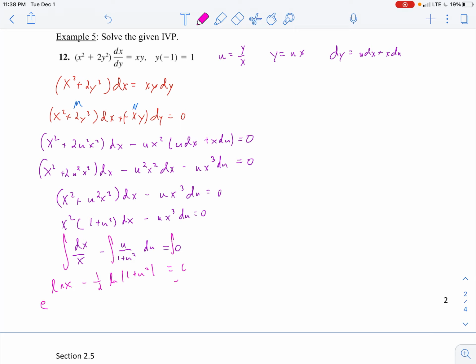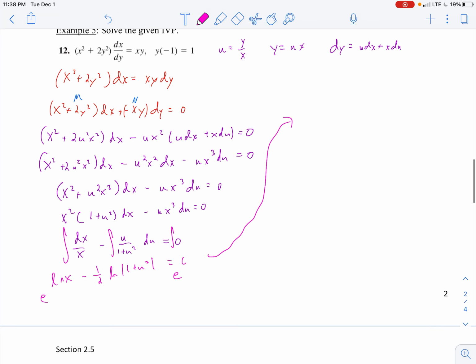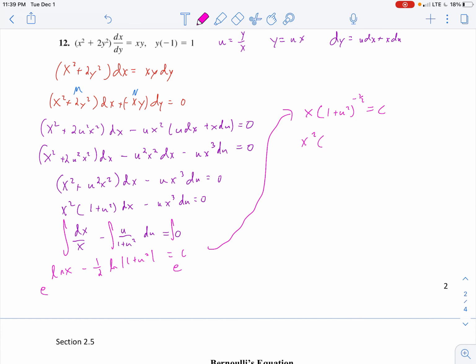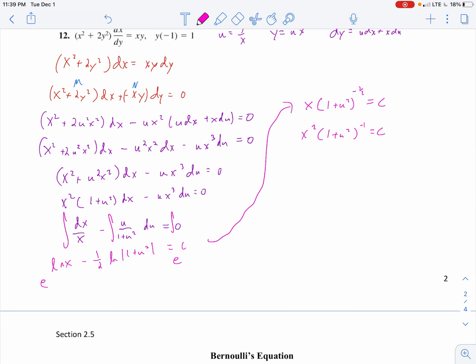Put an e to both sides. That's going to send me to x, and it looks like it's going to be 1 plus u squared to the negative 1/2 is equal to c. Let's go ahead and square both sides. So we get x squared times 1 plus u squared to the negative 1 equals c.